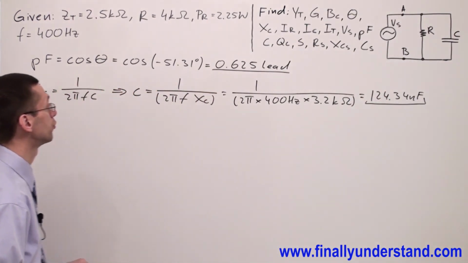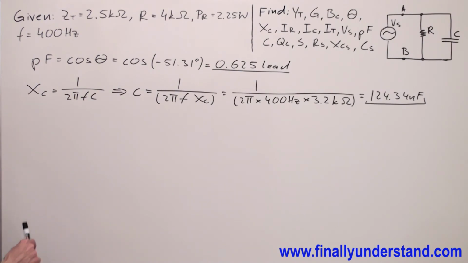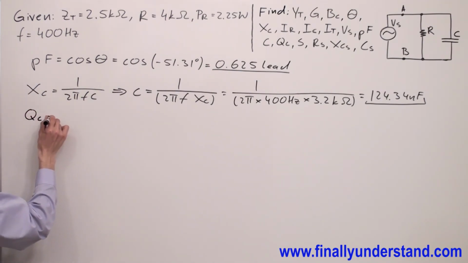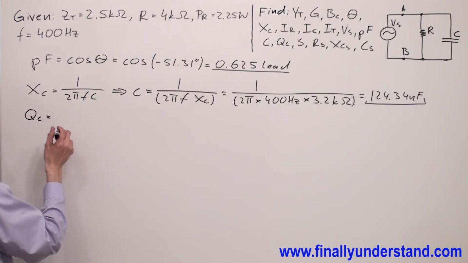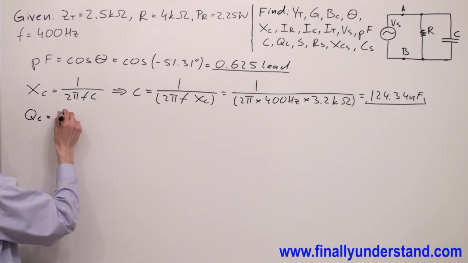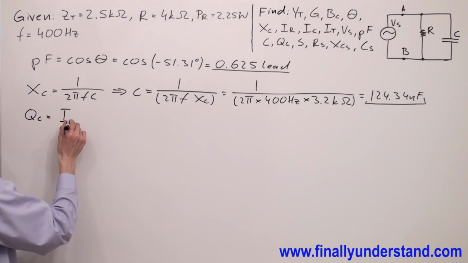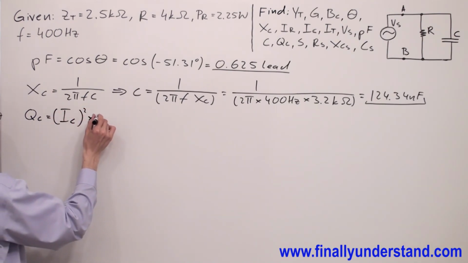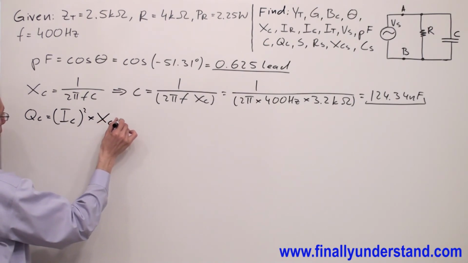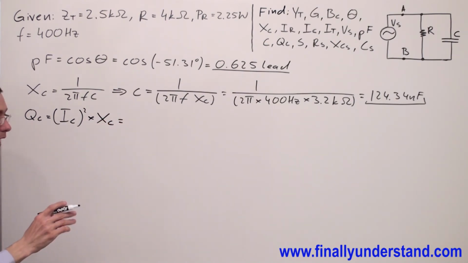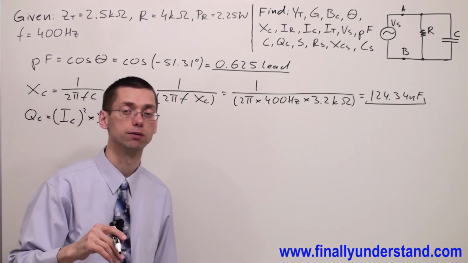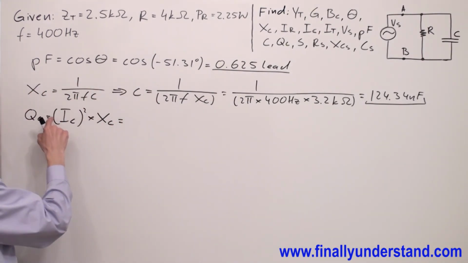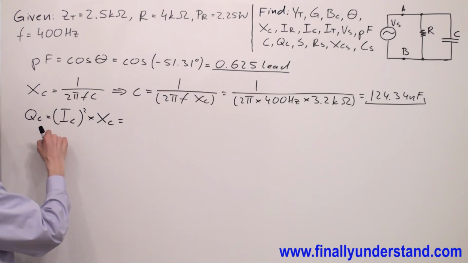Next, we're supposed to find the reactive power. QC is equal to IC squared times XC. Again, let me remind you, we assume that we are going to deal with the RMS currents and RMS voltages. That's why I don't write over here 1/2.